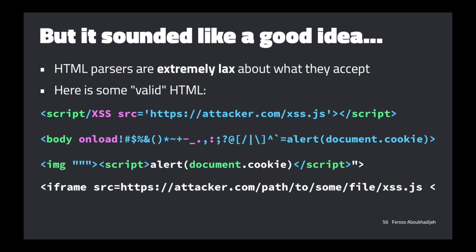This one here is a really wild one. In Firefox, all these characters just get ignored. You can have anything you want between the end of the name of the attribute and the equal sign, and it'll just ignore it. So again, if you have a block list approach where you're trying to block names that you don't want, this is not going to match your name. If you banned onload, you might allow this through, and then you let them actually run code.